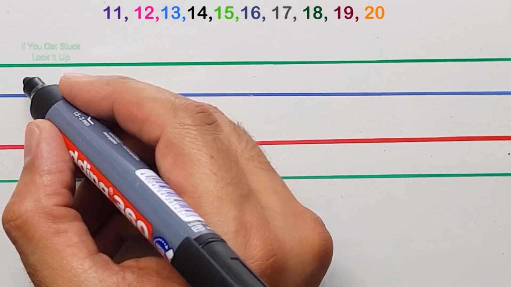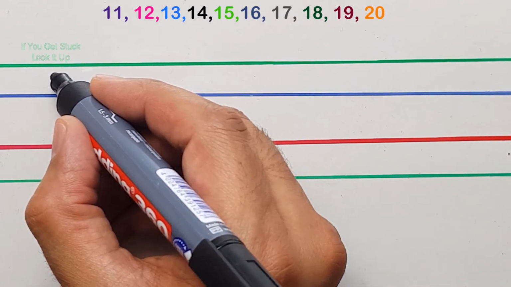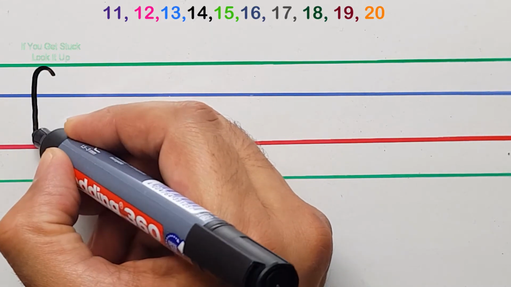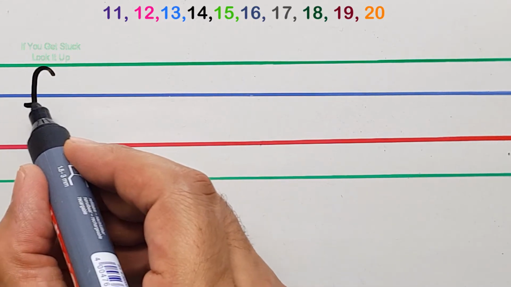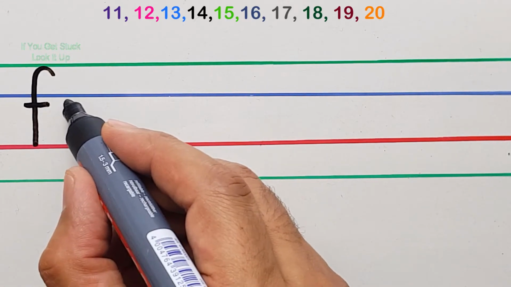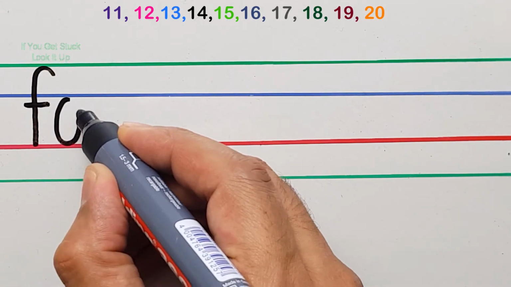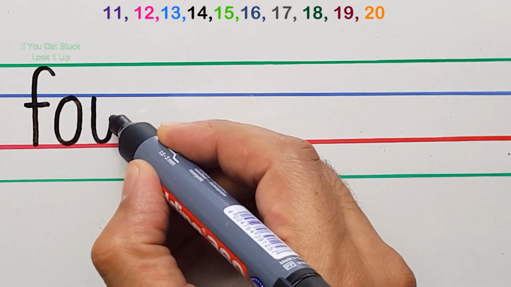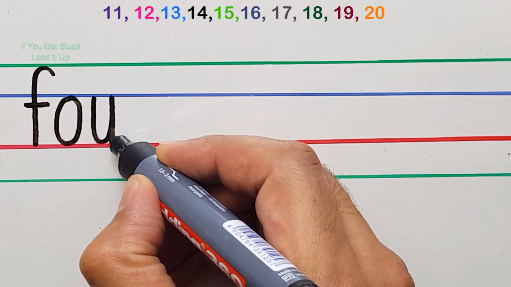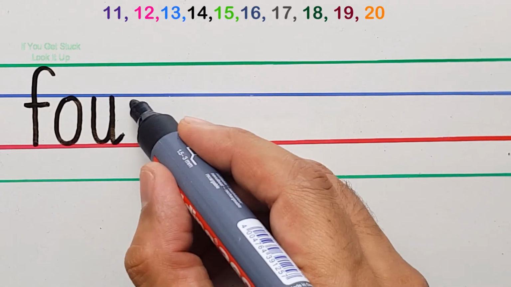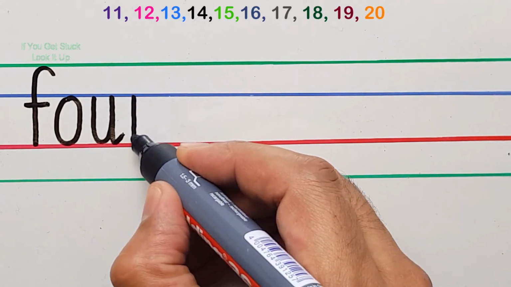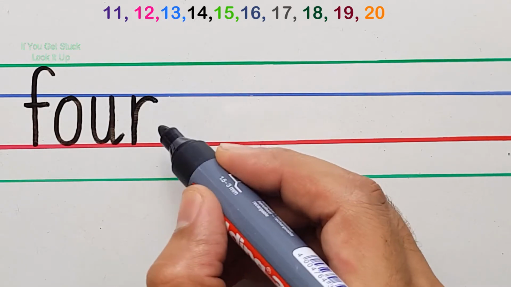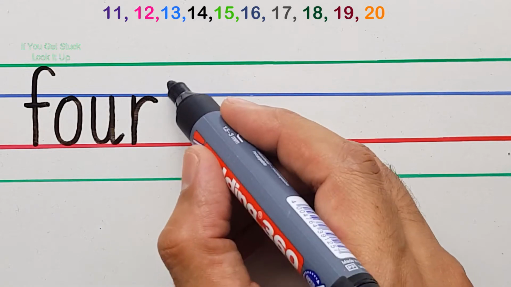Now the number 14. So we start with F. O, U, come down to the bass line and flick. And then R again from the middle, down to the bass line, up. As you get close to the top, round off. 4, and then you need the teen.